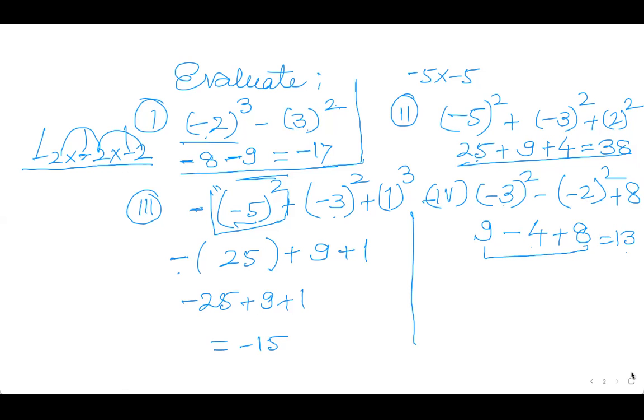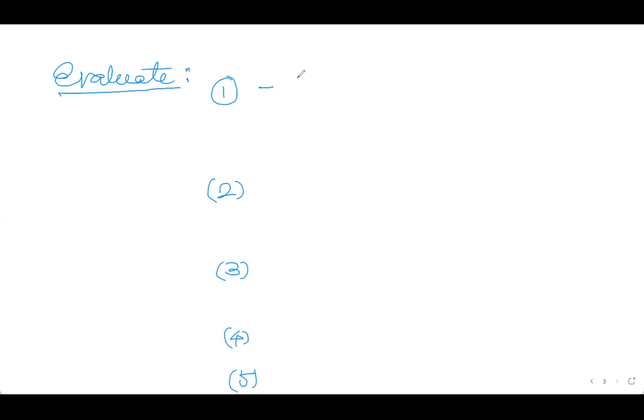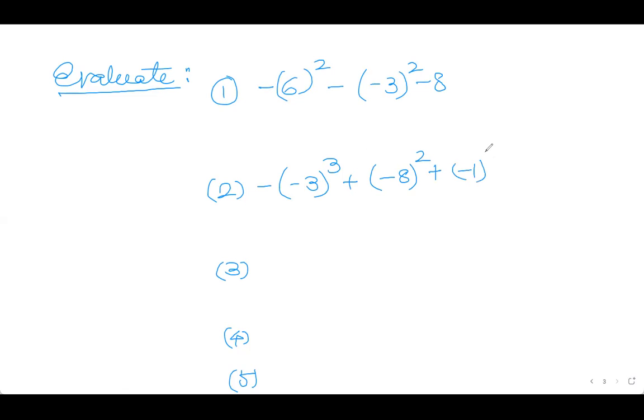13. Now you can take out your copy. I'm giving you a set of 5 sums to evaluate. Take out your copy until I'm writing. 2, 3, 4, 5. Minus 6 whole square minus minus 3 whole square minus 8. Minus 3 whole cube plus minus 8 whole square plus minus 1 whole cube.